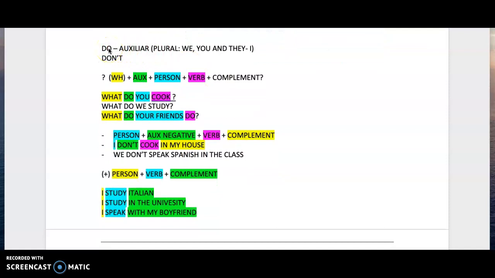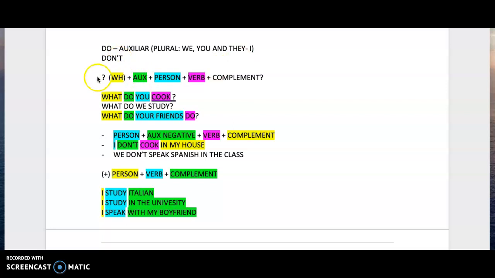When we have the auxiliary do is because we talk about plural or we use the subject pronouns we, you, they, and the exception I. Remember that the auxiliary negative is don't, okay?